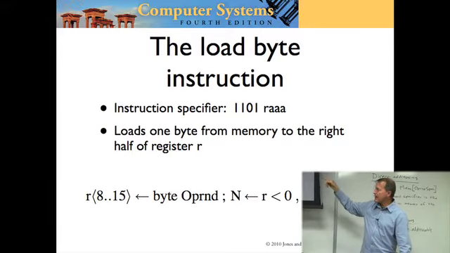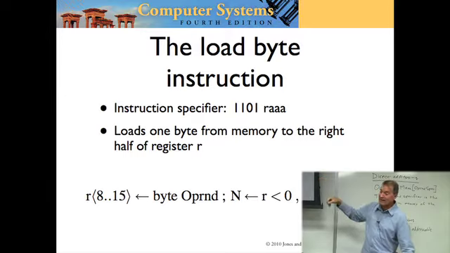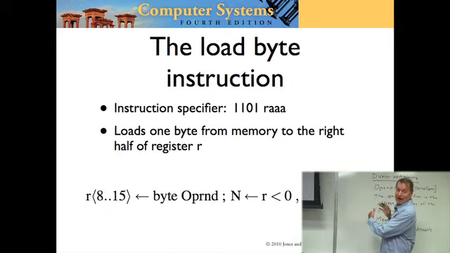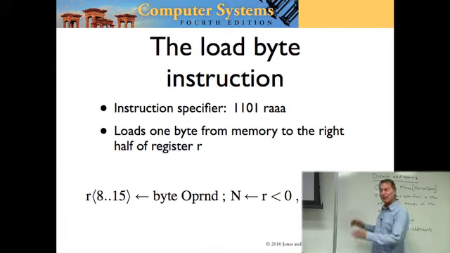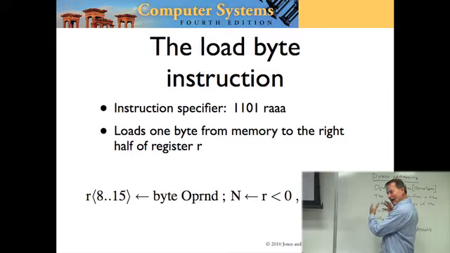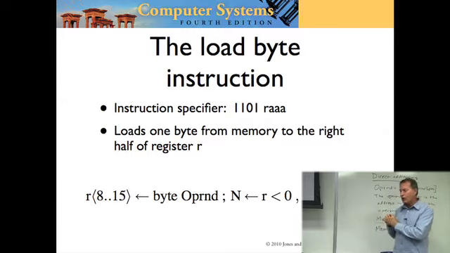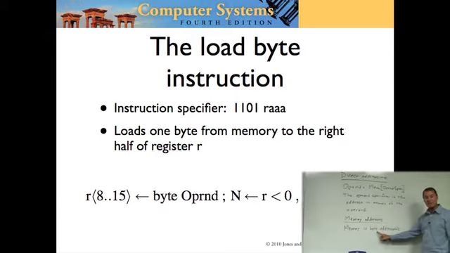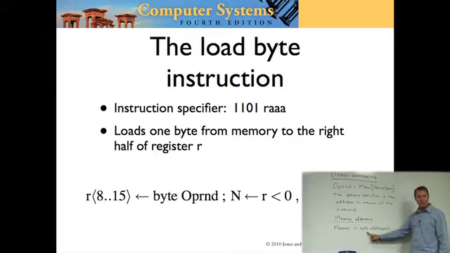It's the byte specified by the operand specifier, but it gets put in the right half, in the least significant byte of the register. The address is of the left byte, isn't it? No. It's the address of the byte, because memory is byte addressable. So there is no left or right.